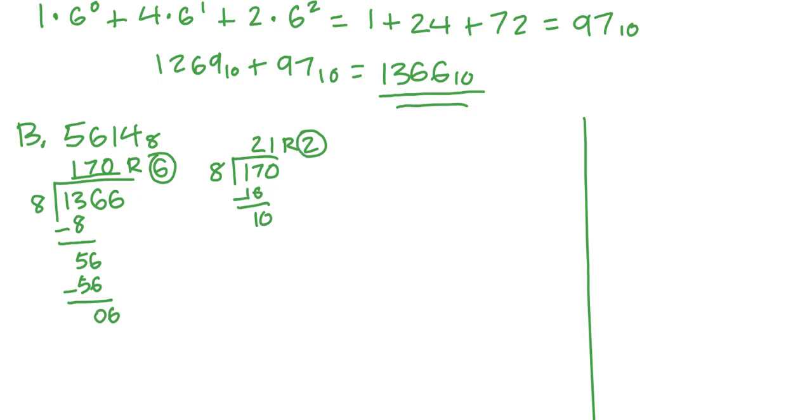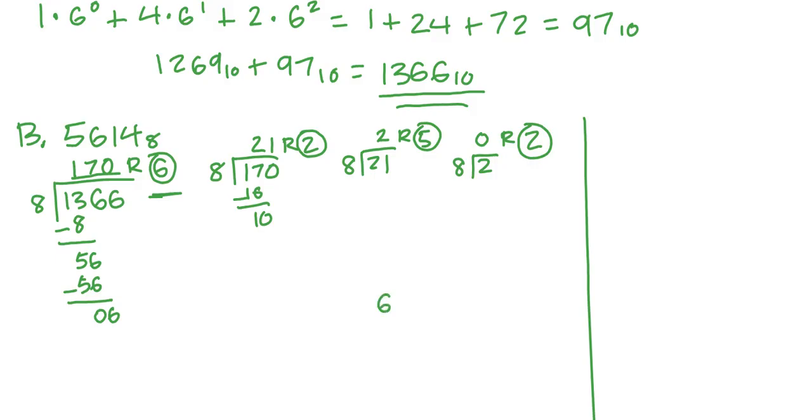I got 21 remainder 2. Then I'm going to do 21 divided by 8, which is 2 remainder 5. And then 2 divided by 8, which is 0 remainder 2. Then I'm going to start with the first remainder I got, which is 6, and write the answer from right to left.